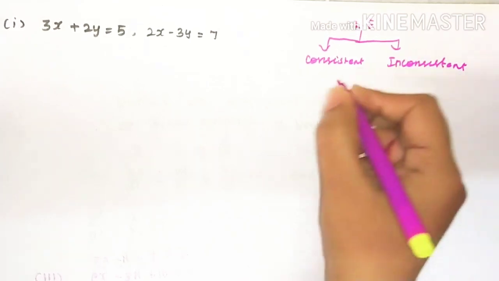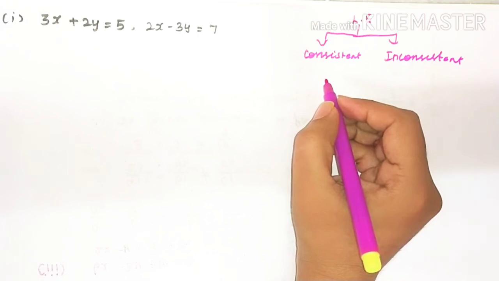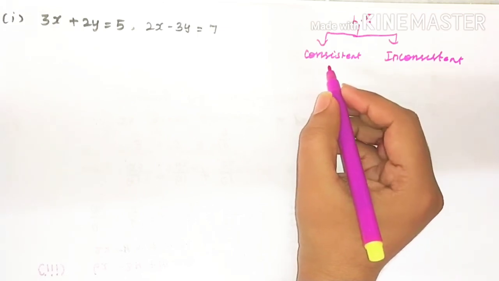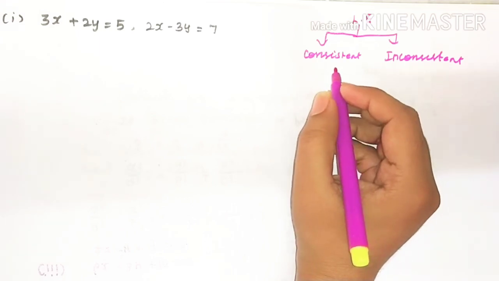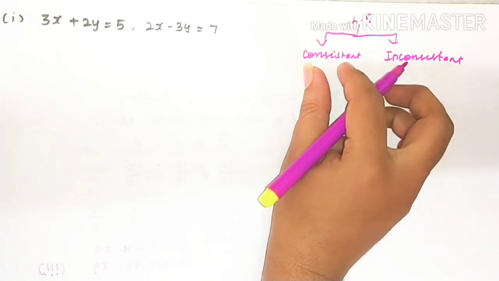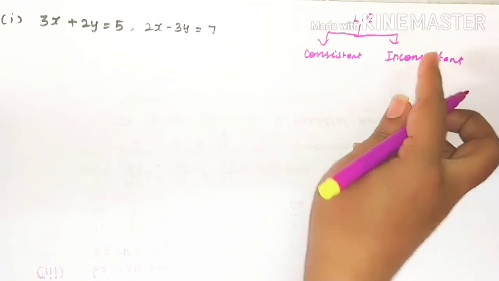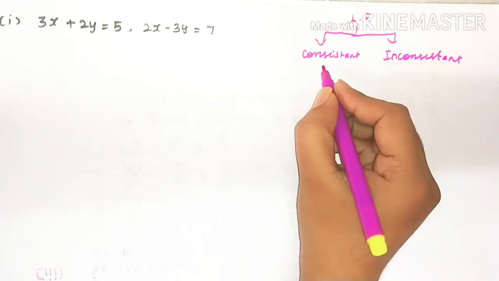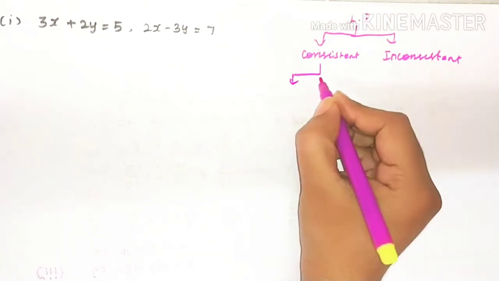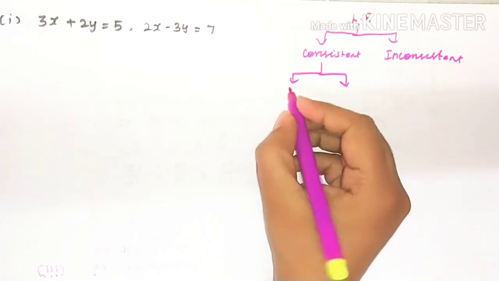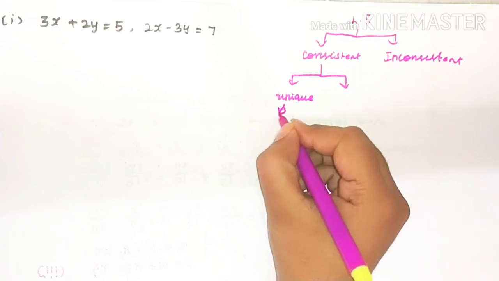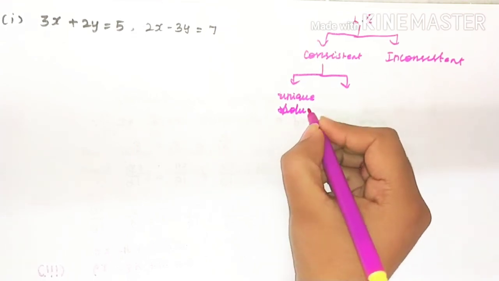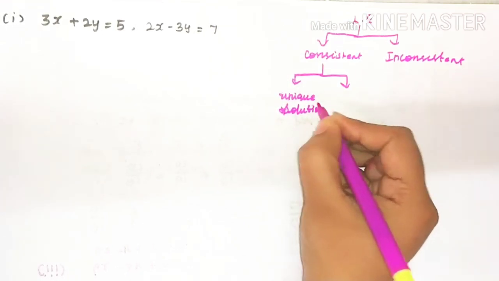What is meant by consistent? Already I told you, if the equations are consistent, it has a solution. If it has a solution, we can say it is consistent. No solution means we can say inconsistent. Consistent has two conditions. One is a unique solution, which means we get one solution, intersecting at one point.